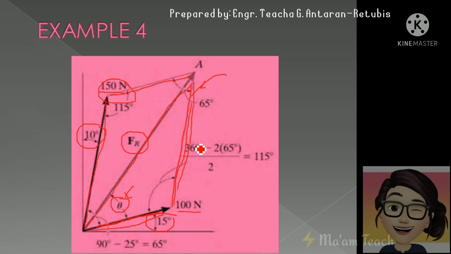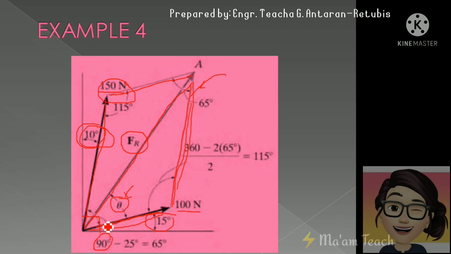Now take note, class, that if this is 15 degrees and this one is 10 degrees, this total here is equal to 90, right?